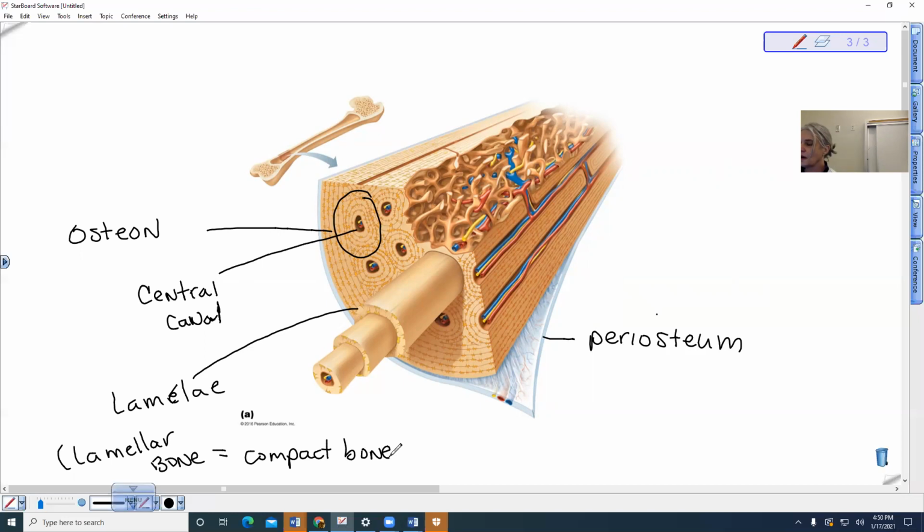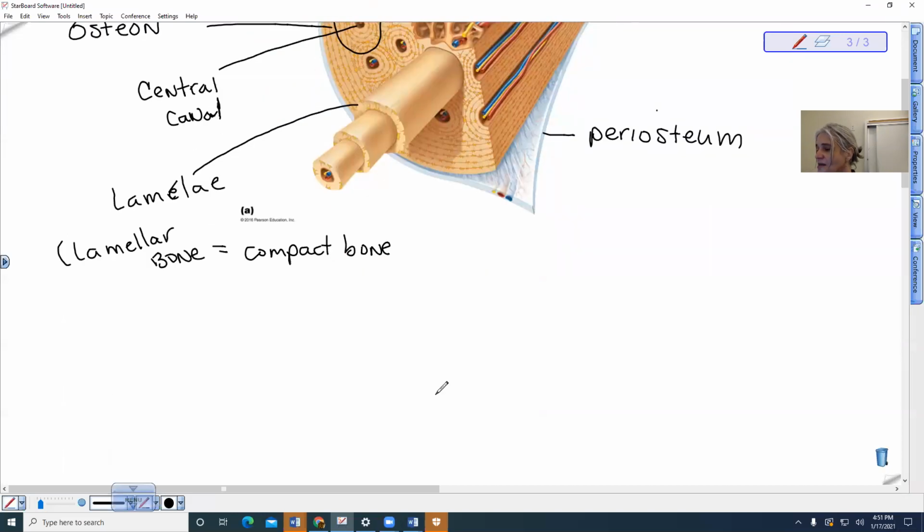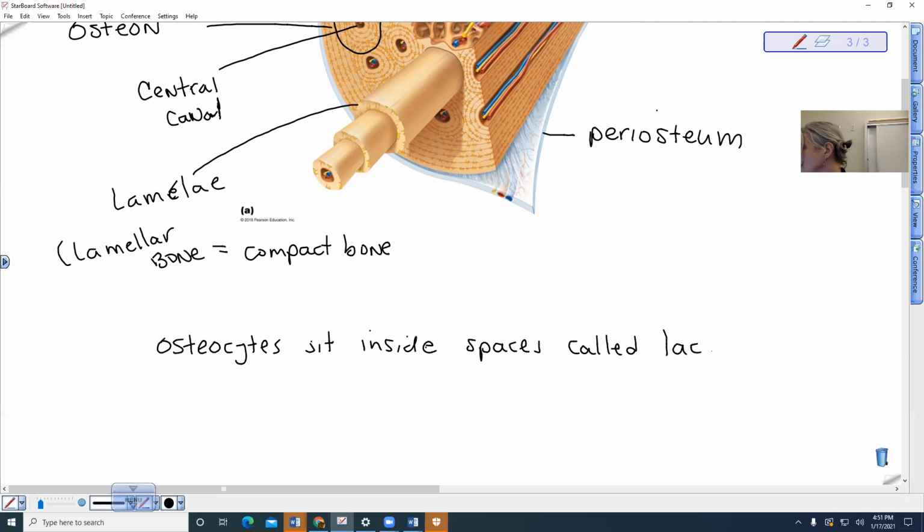Okay. So we have these circular arrangements called lamellae, and then these little spaces around the lamellae are called lacunae. And within the lacunae, we have cells called osteocytes. So osteocytes in this structure sit inside spaces called lacunae.